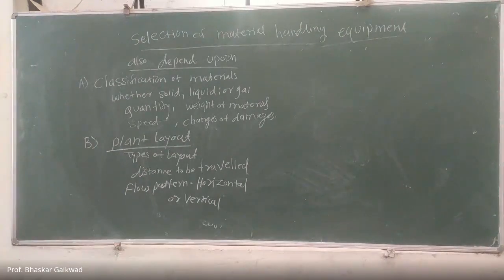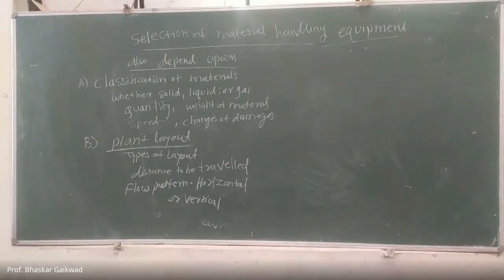So plant layout, this is very important. If continuous production is there, we can fix chain conveyor or belt conveyor. If process layout and flexible layout are there, always we have to go for robots, then tractors, then trucks.